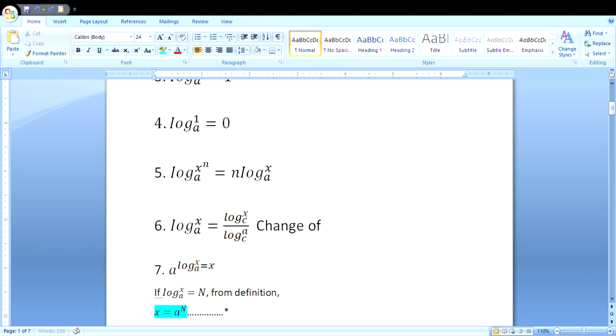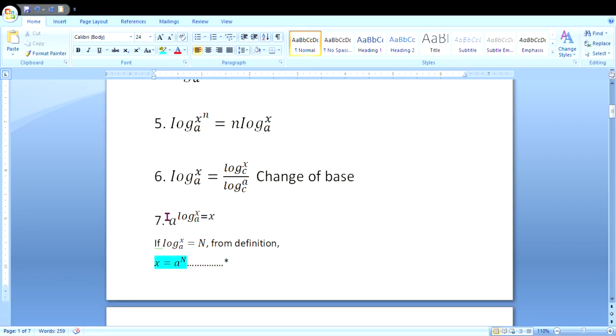Change of base. Once we have a logarithm of this nature, we can change it to another base, let's say c. So this logarithm can be transformed to log x base c divided by log a base c. This is change of base.